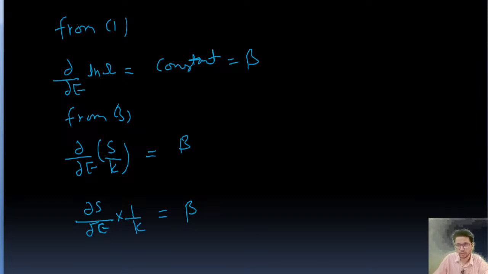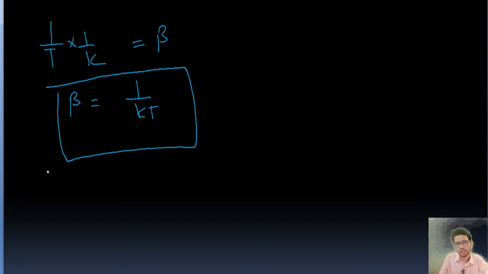So this is going to be 1/T times 1/k equal to β. So the β value is going to be 1/kT. This is important. From here we've got that the β value is 1/kT.